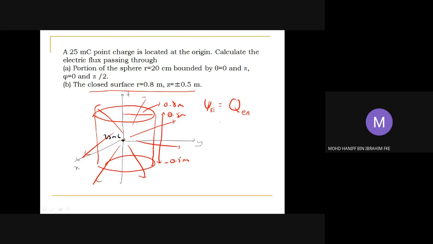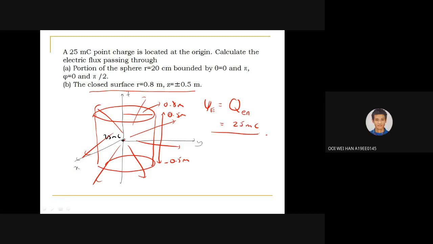So the flux amount shall be equal to 25 millicoulomb. That is the concept of flux. I hope you really understand this concept of flux, its relationship with the charge, and also the concept of flux density. Any questions on this example?